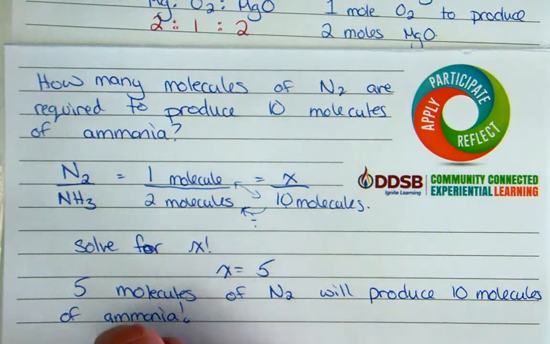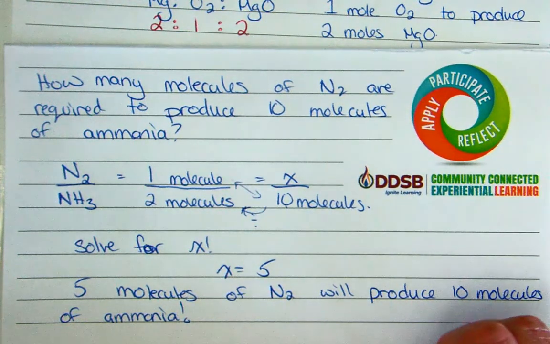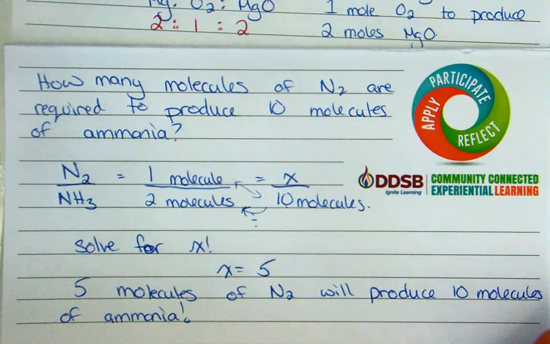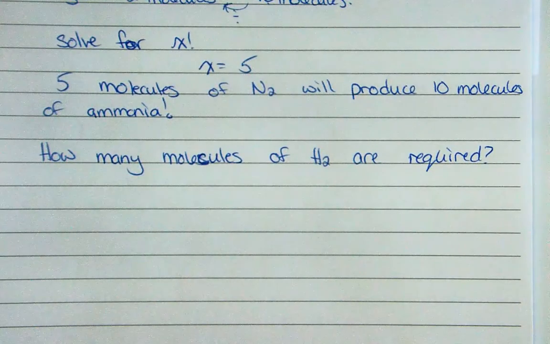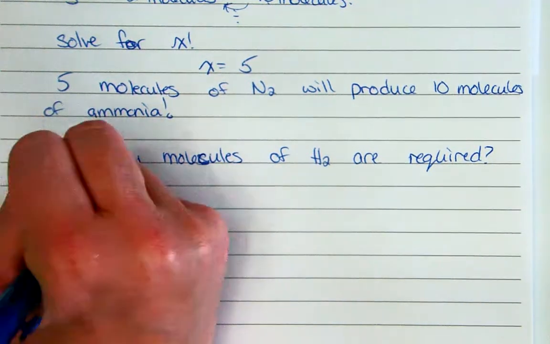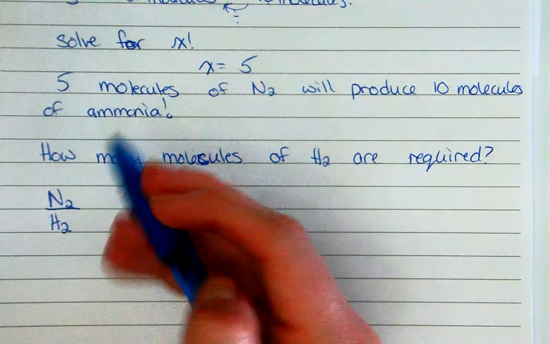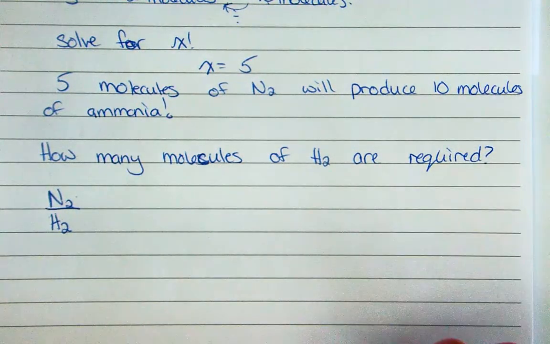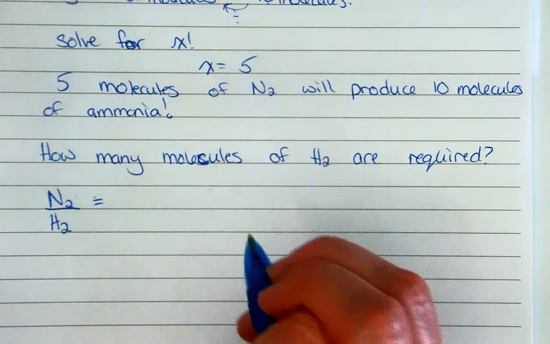Let's continue with the same reaction, and you're going to tell me how many molecules of hydrogen are required. Press pause and figure this out for me, please. So keep nitrogen gas and compare it to hydrogen gas. I could use ammonia and hydrogen gas. It doesn't matter. I have the ratio and amounts for both of them.